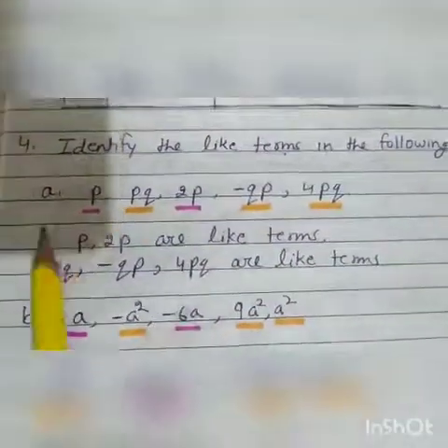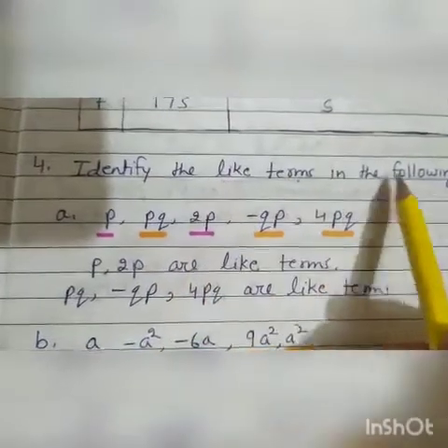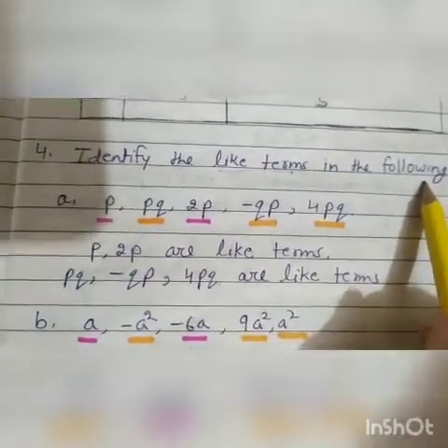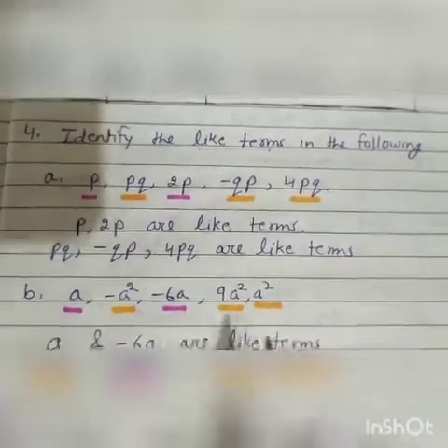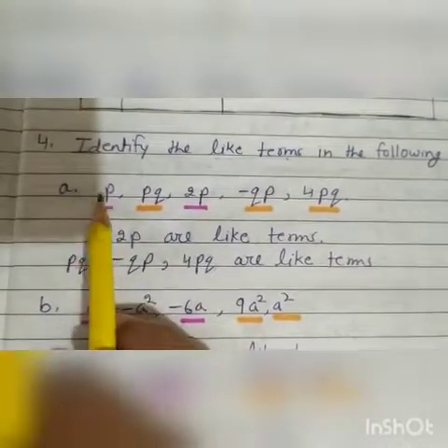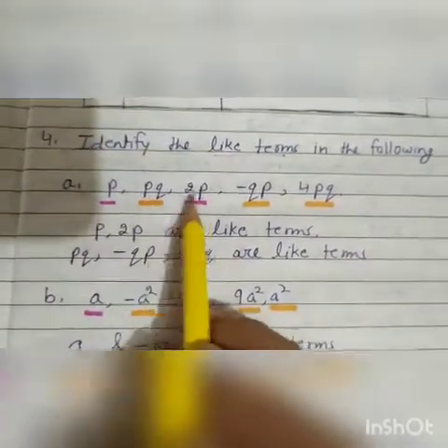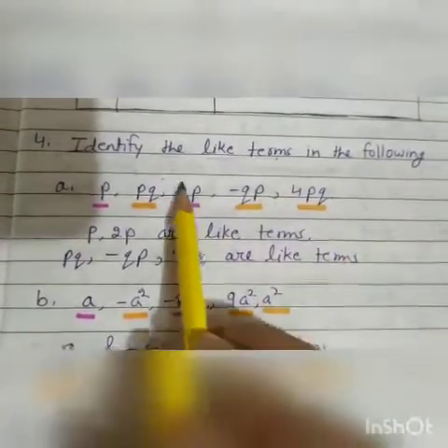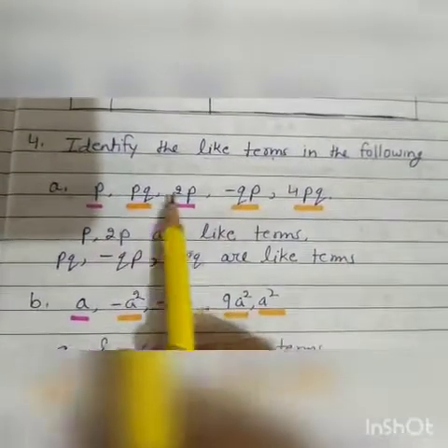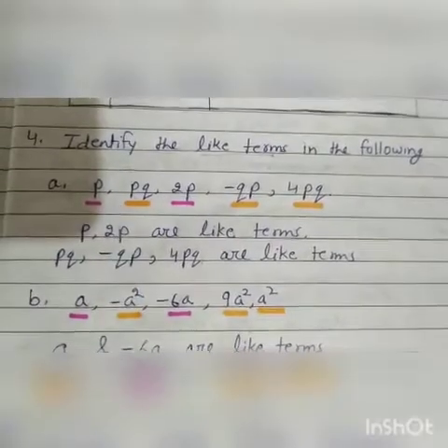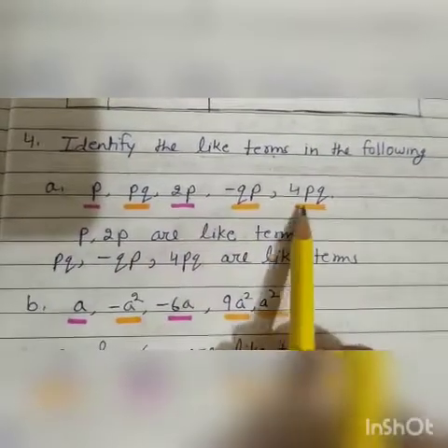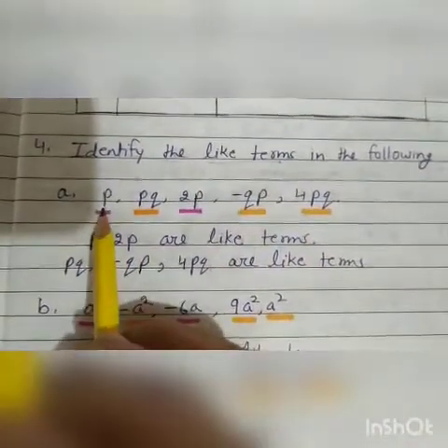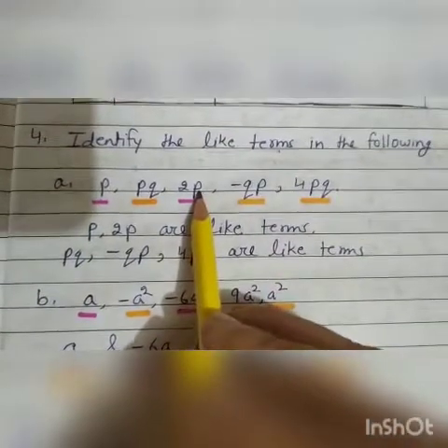See, identify the like terms in the following. I have underlined the like terms with the same color. First, A part is P, PQ, 2P, minus QP, 4PQ. We have to choose like terms from these terms which are given. See here, this is P, this is 2P.